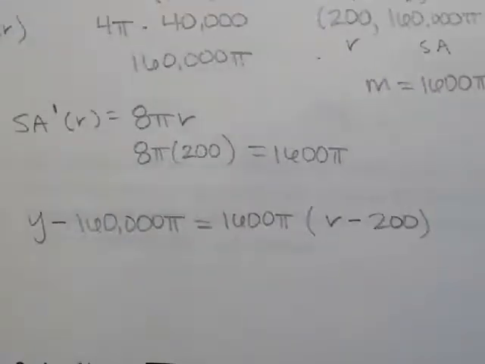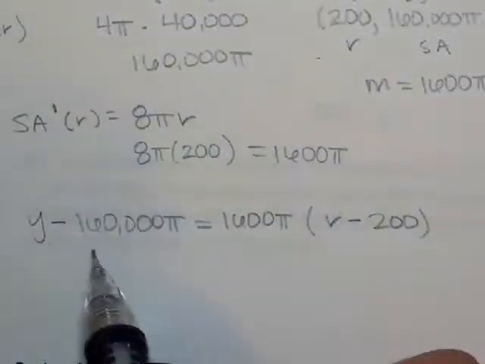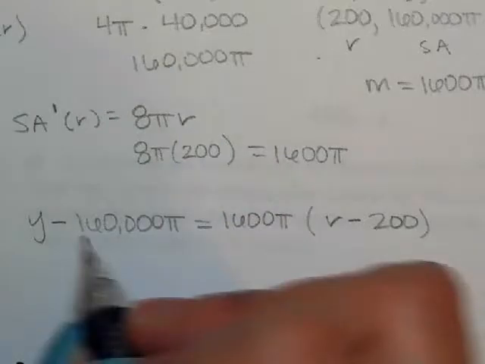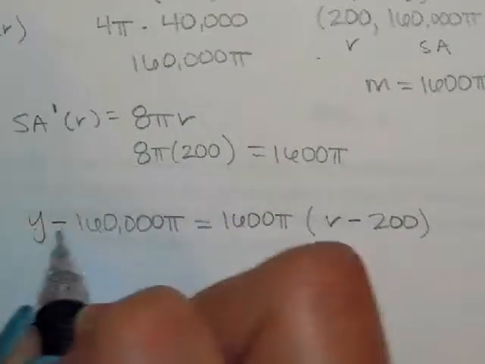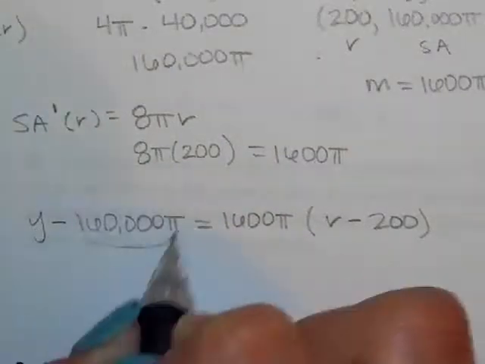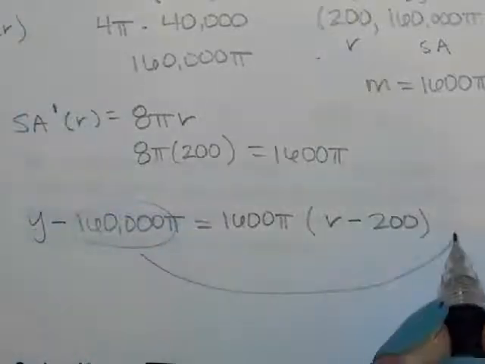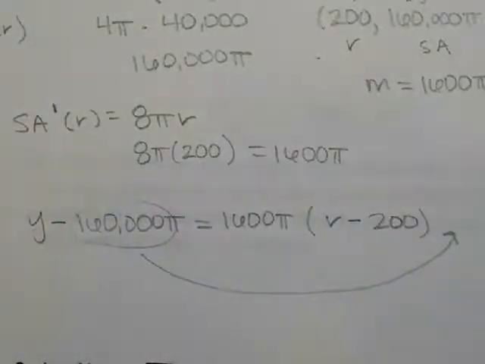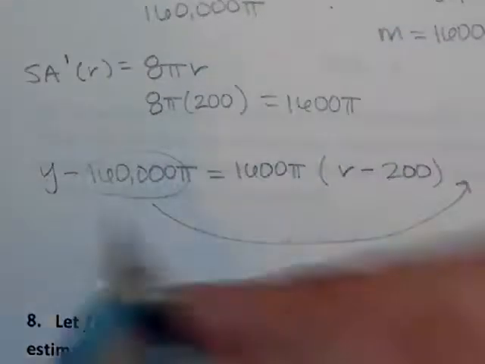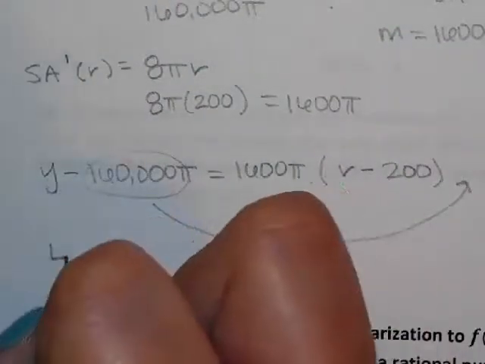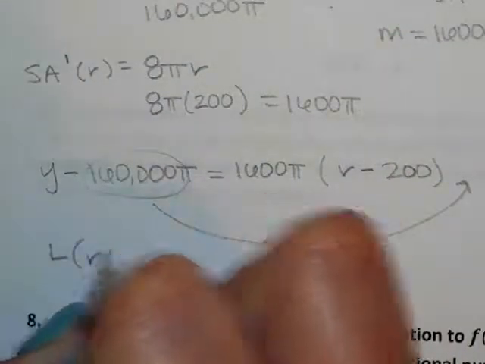And then for the tangent line approximation, or the linearization, they don't leave this as y. They take this portion and add it over here onto the end. That's the only difference from what we've been used to. And then instead of y, they put the linearization in terms of r.